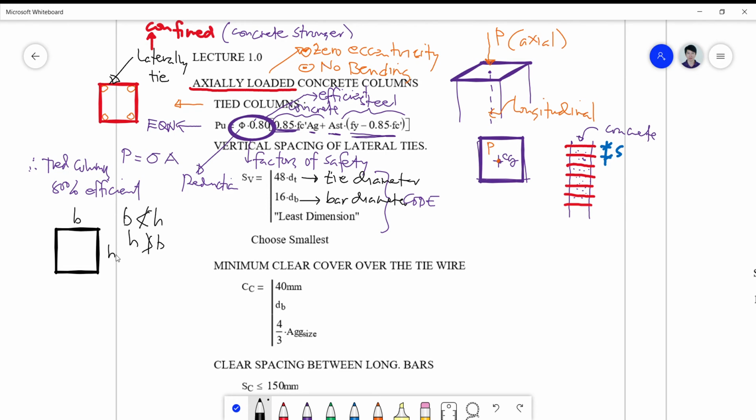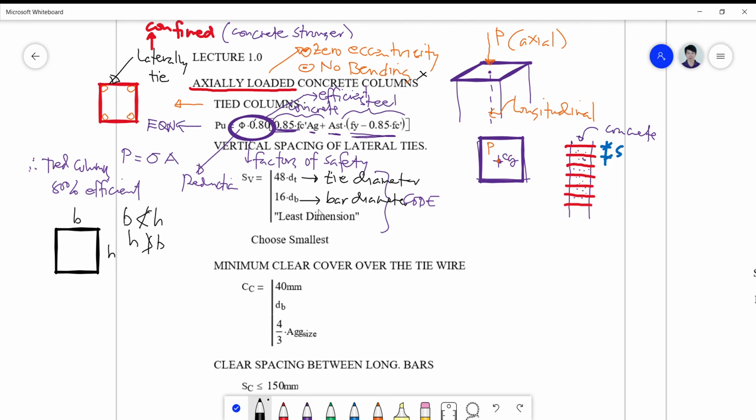So the B and the H will actually be dependent on the bending of your column. But here, in an axially loaded column, we don't have to worry about B and H yet because there is no bending. So I will explain to you further how to distinguish B and H when we go to bending of columns. So it's no longer an axially loaded column.